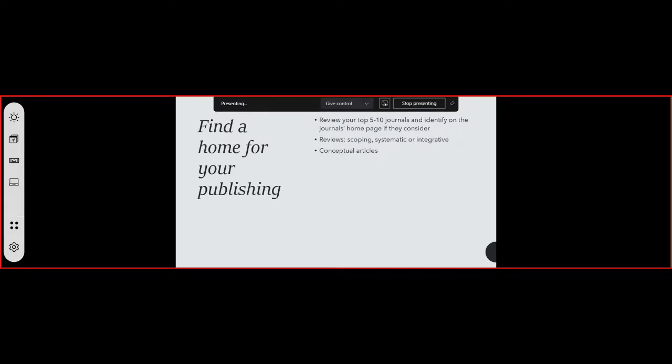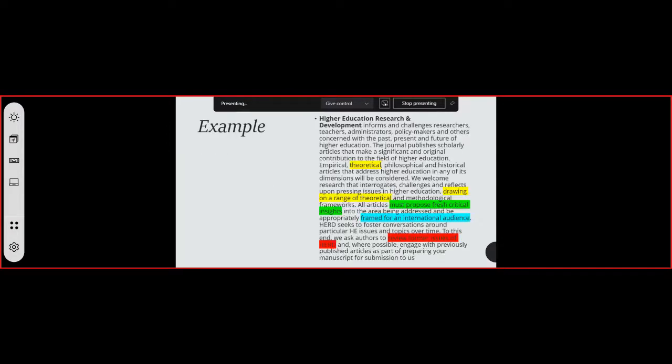So it is very important that as you look for a journal to publish in, on their homepage they usually tell you whether they accept review articles, or sometimes they refer to conceptual articles.